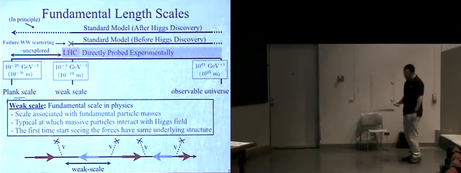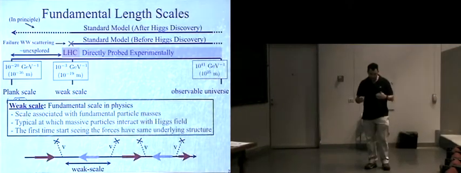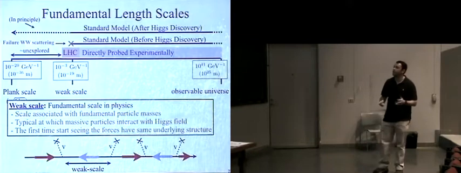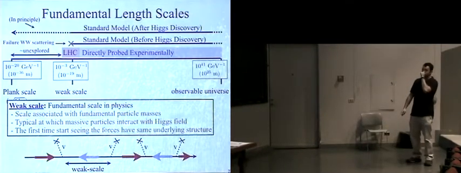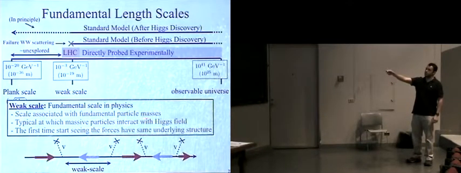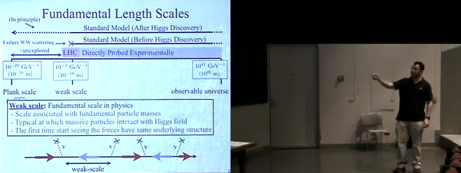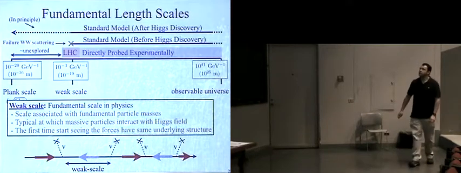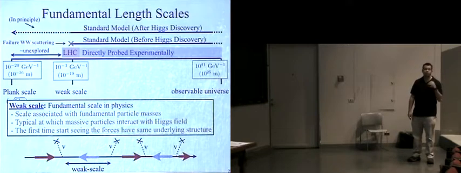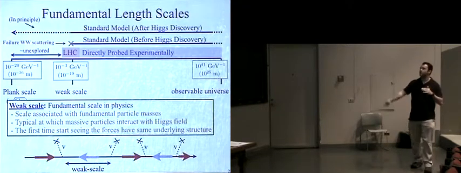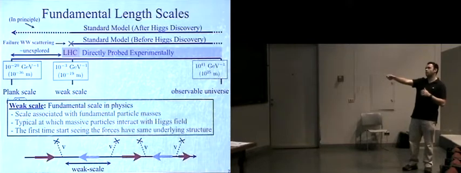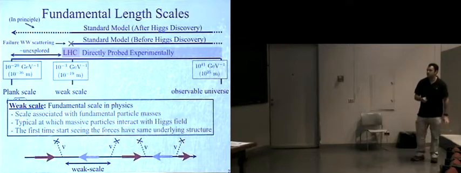And the weak scale comes about basically because it's directly related to the Higgs particle and the weak force. So you can think of it as the scale that's associated with the fundamental particle masses. So like the mass of the W and the Z are at this weak scale. Another way to think about it is it's the mass scale that's associated with interactions with this Higgs condensate. So we have this cartoon of a particle coming along that has mass, and it interacts with this Higgs condensate, and it flips its spin.